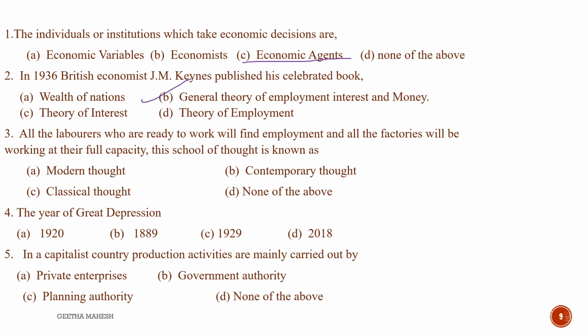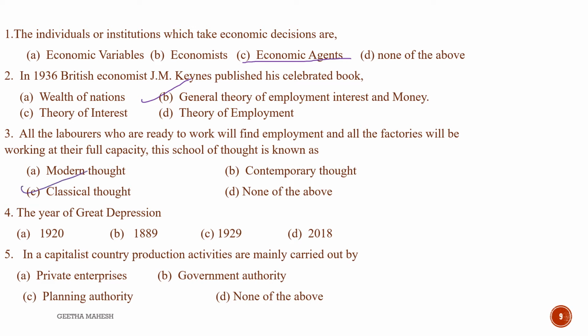So, option B, General Theory of Employment, Interest and Money. All the laborers who are ready to work will find employment, and all the factors will be working at their full capacity. This school of thought is known as modern thought, contemporary thought, classical thoughts, none of the above.